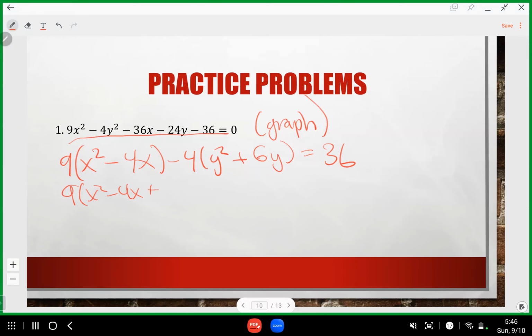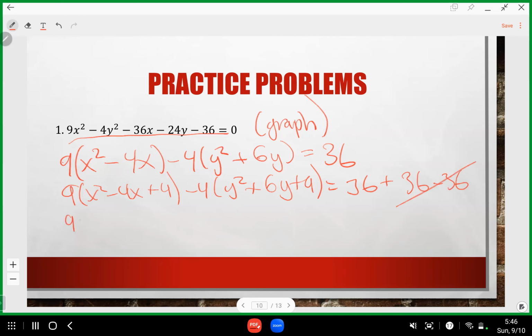Then it'll become 9 times x squared minus 4x plus 4, minus 4 times y squared plus 6y plus 9. Right, and you have to add all that to the other side. So it becomes 36 plus 36 minus 36, which cancels this out, and we just have 36.